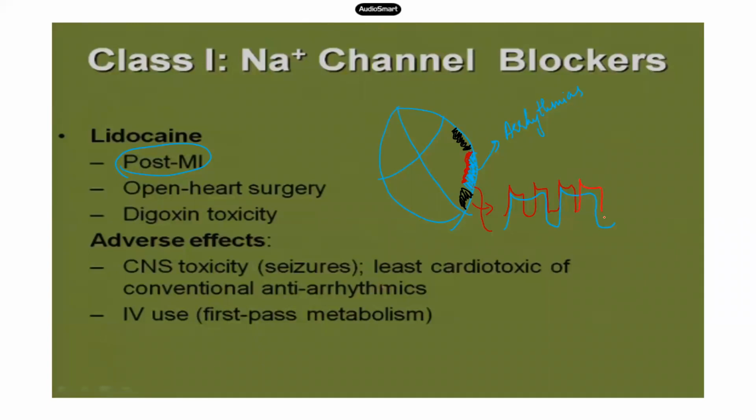So if you notice, the unhealthy tissue action potential is going at the same rate as that of healthy tissue. The red ones are the healthy, the blue ones are the unhealthy.